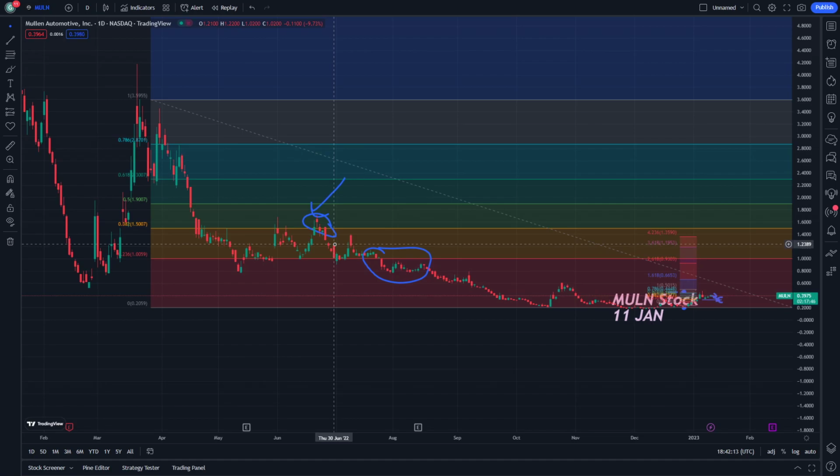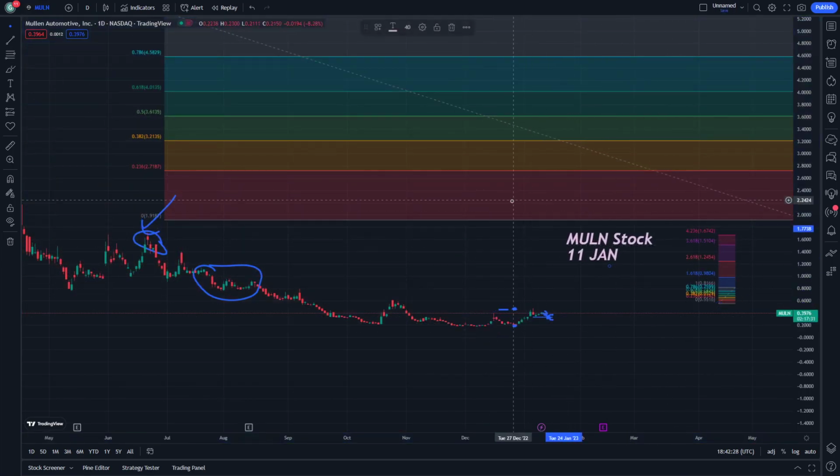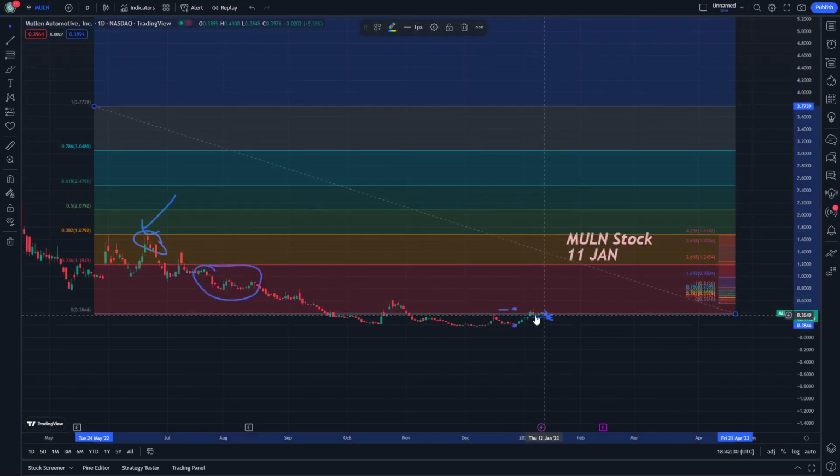Okay, we can do our trading in Mullen stock in every part where we can see or check this. So we can think that is also another trading movement in Mullen stock.